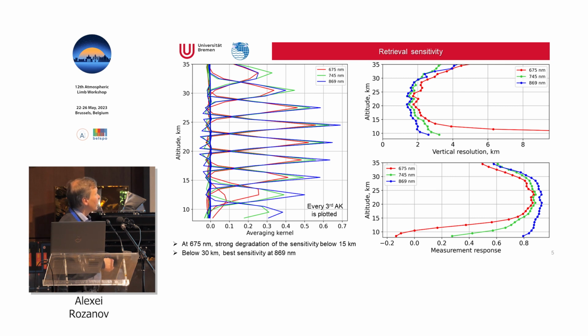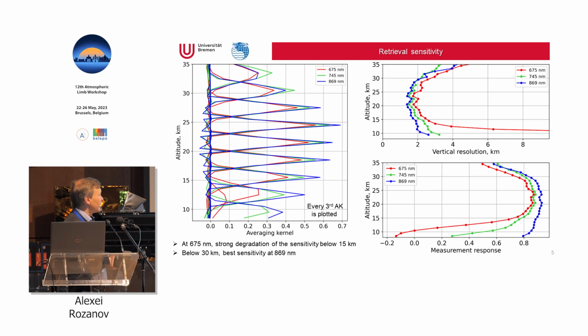Here I plot on the left the averaging kernels for three wavelengths: 675 in red, 745 in green, and 869 in blue. And what do you see? The blue and green are really similar, with a bit of difference here and there at lower altitudes. But 675 has a really lower sensitivity if you go below 15 kilometers.